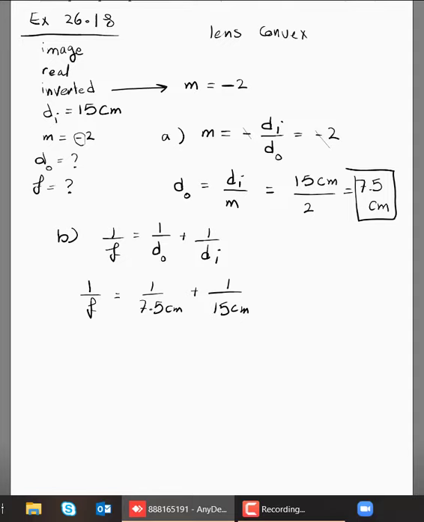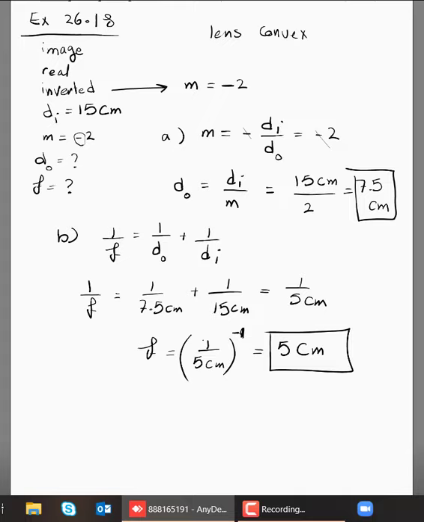So this is going to be 1 over 5 centimeters, and then f is 1 divided by 1 over 5 centimeters inverted, which is 5 centimeters. Now, if you have noticed, I'm not converting the units. I just keep it as centimeters because in this kind of equation, if these two are in the same unit, then f will be in centimeters. So as long as you keep the units the same, you do not need to convert the units.